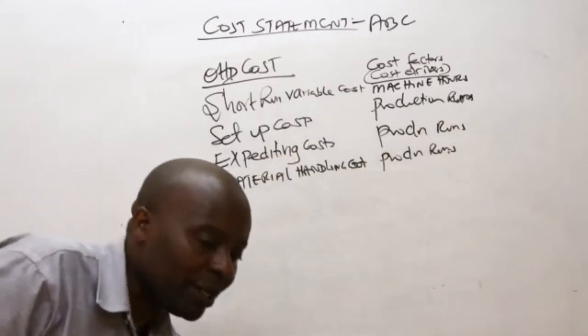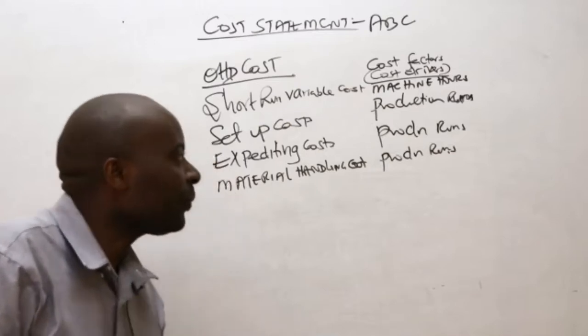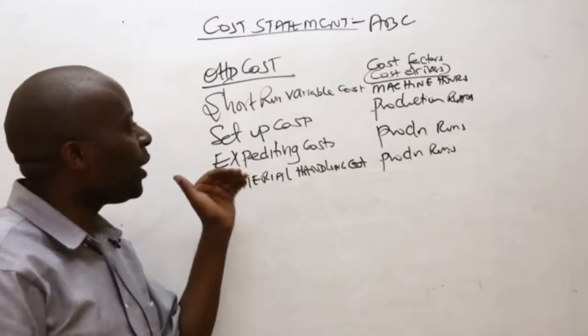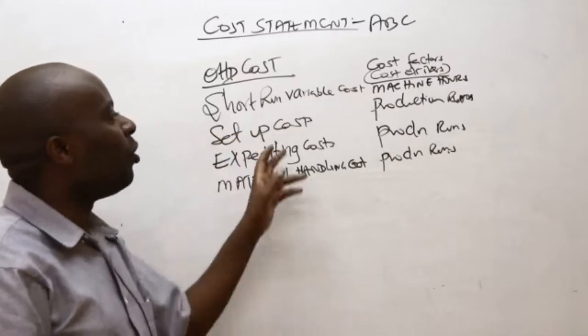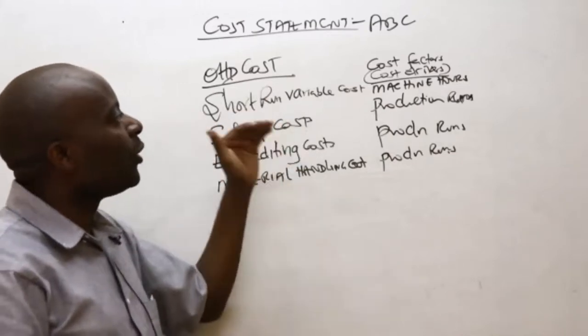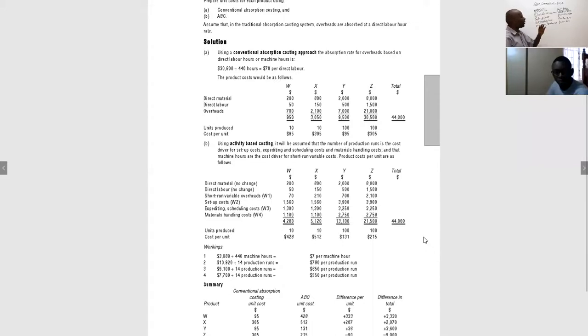Now, ladies and gentlemen, I would want you to take a step of faith and do the apportionment of these particular expenses to our four products. I would want us to start with the short run variable cost.